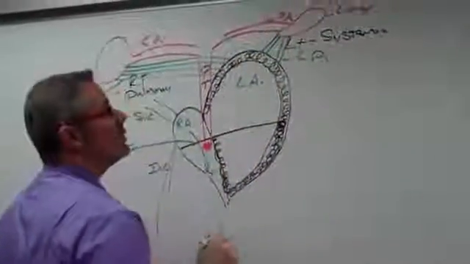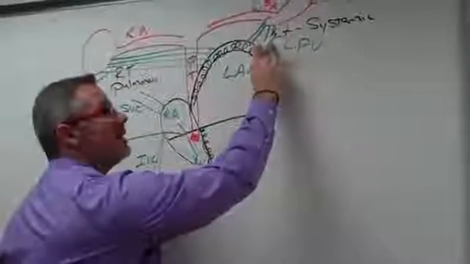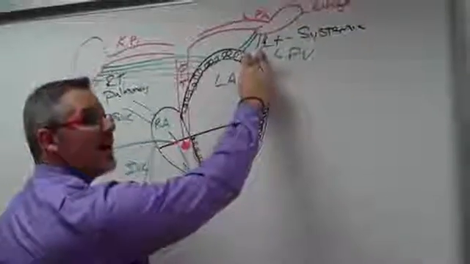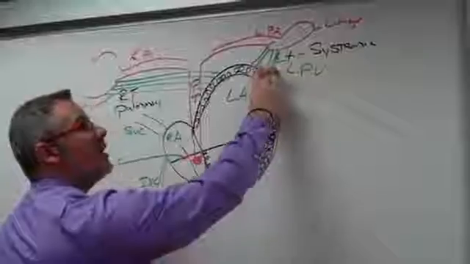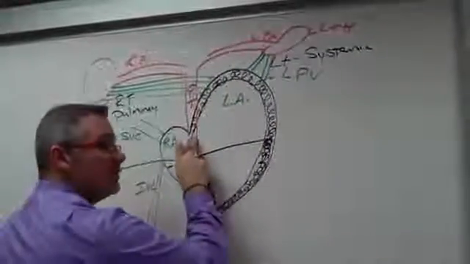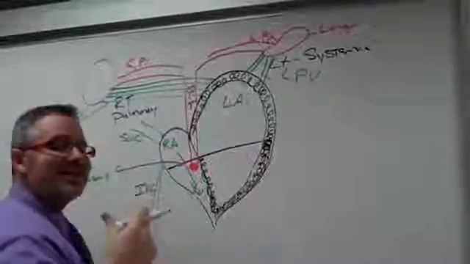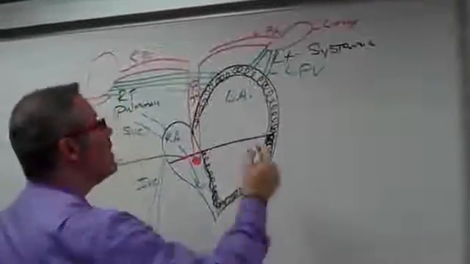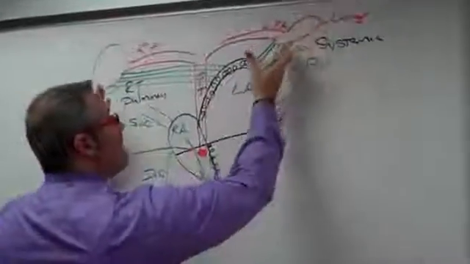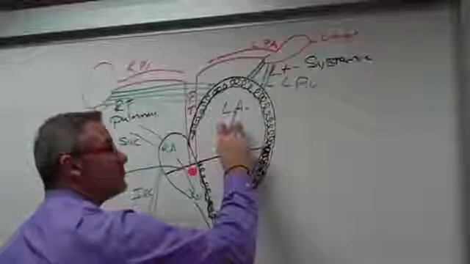On the models, you will notice that the pulmonary veins appear red because they are now carrying oxygenated blood. On the model, you'll notice that the pulmonary trunk is blue and the pulmonary arteries are blue because they're carrying deoxygenated blood. So now we've got pulmonary veins that are pulling oxygenated blood into the left atrium.